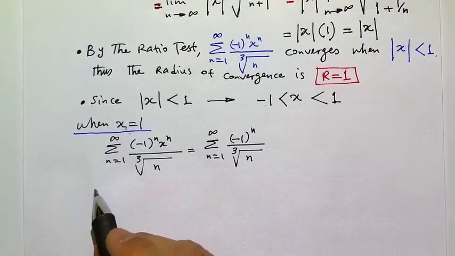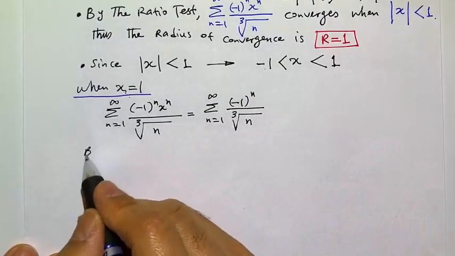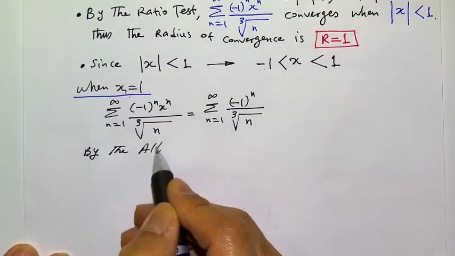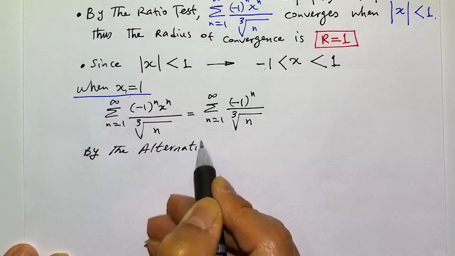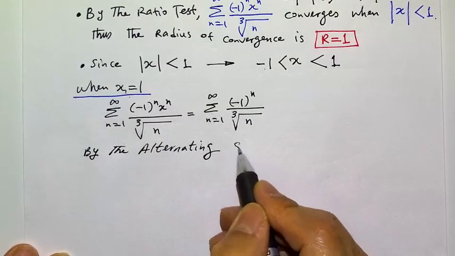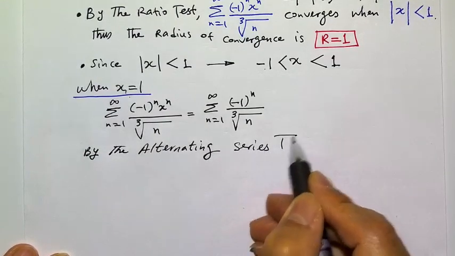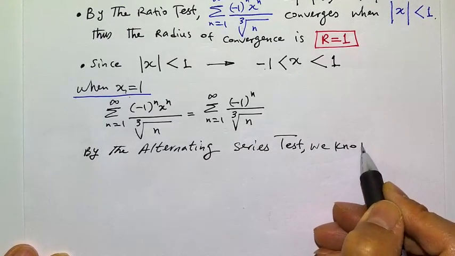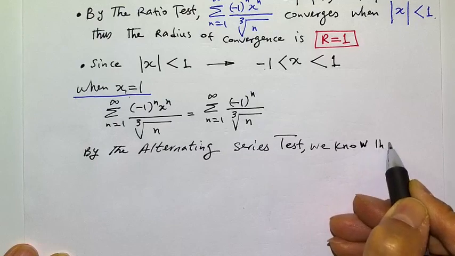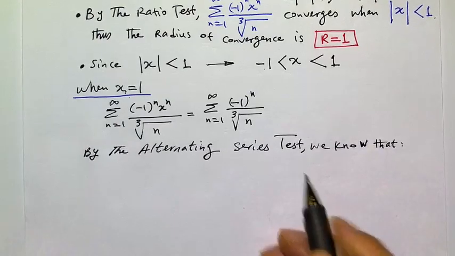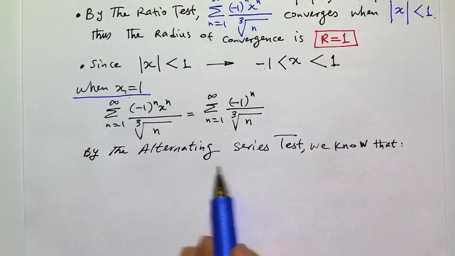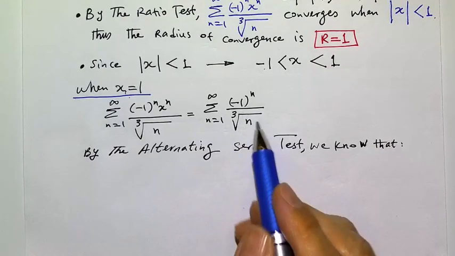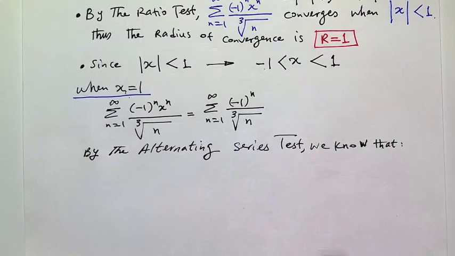Okay, so we know that Bn, the positive portion of this series, is simply 1 over the third root of n.